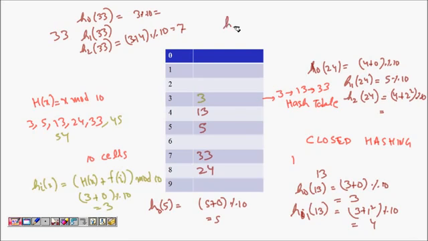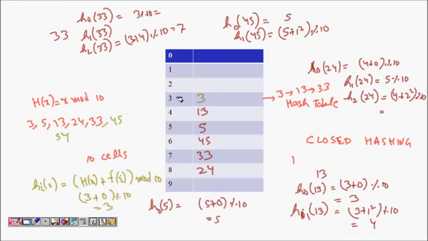Then 45: h_0 of 45 is 45 modulo 10, so 5 plus 0, and it's already occupied. h_1(45) is 5 plus 1 square modulo 10, so 6, and it will come here.